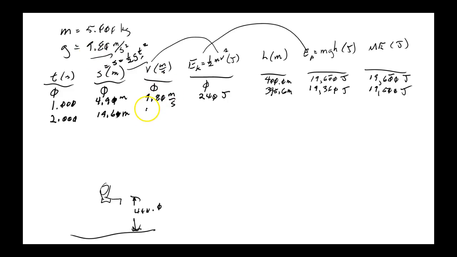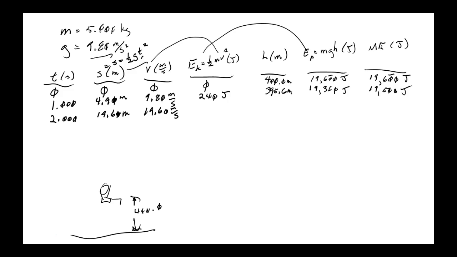Then the velocity, we know that every second the velocity increases by 9.8. So this will be 19.60 meters per second. Because just add another 9.8 to it. Every second, the acceleration tells you it increases the velocity by 9.8 meters per second. That's what acceleration is.